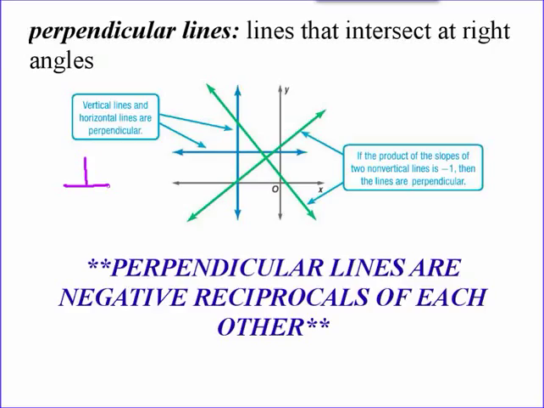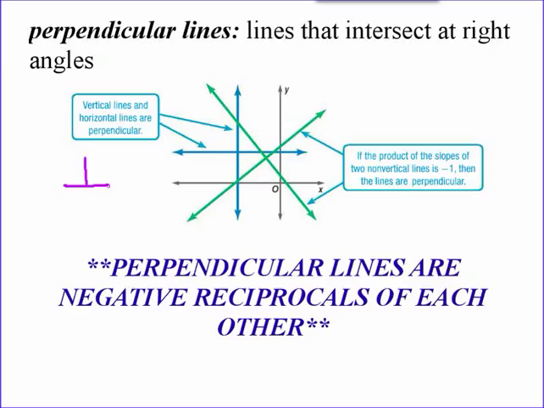So one of the things that I want you to get down is that perpendicular lines are negative reciprocals of each other. And we're going to talk a little bit about what that means. When I say negative reciprocal, that relates to the diagram up above.